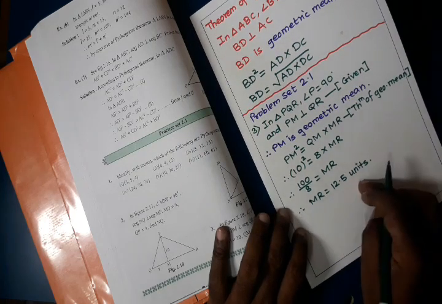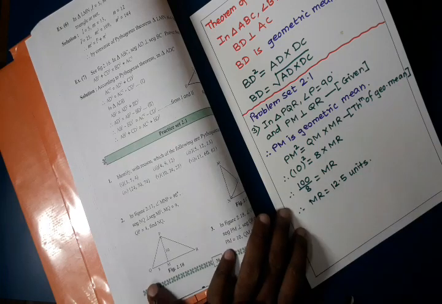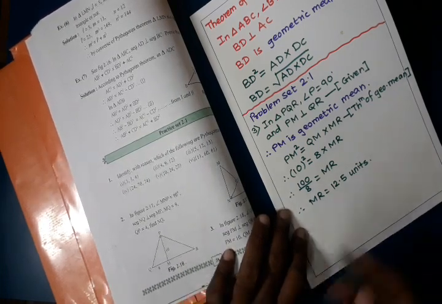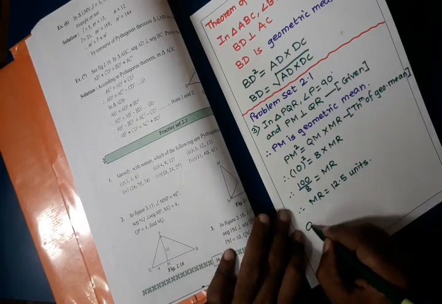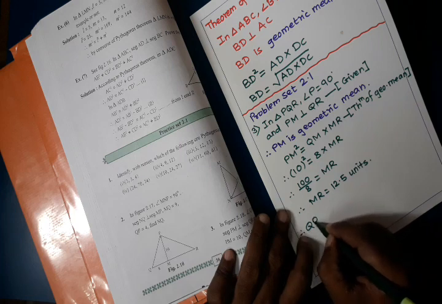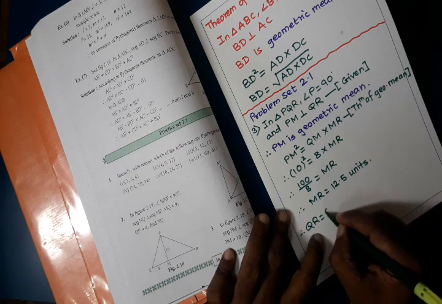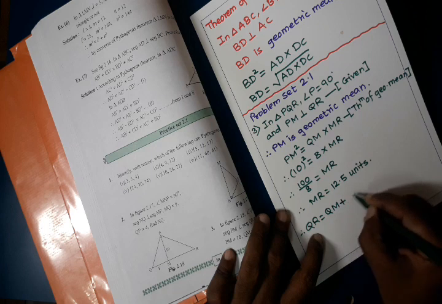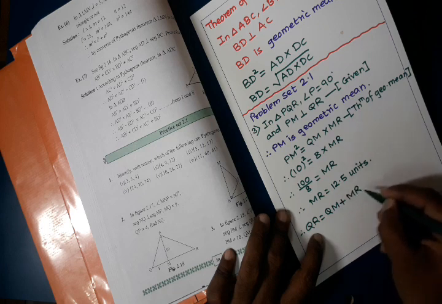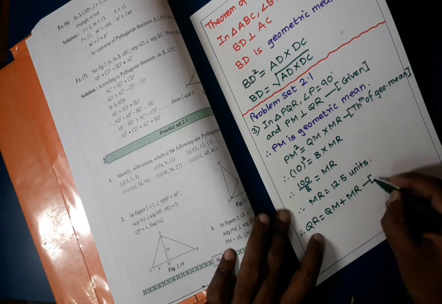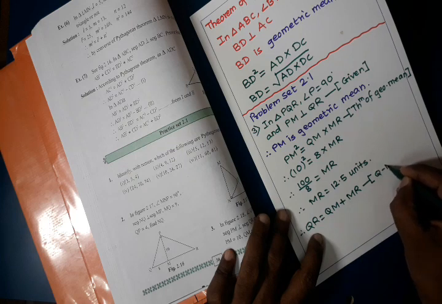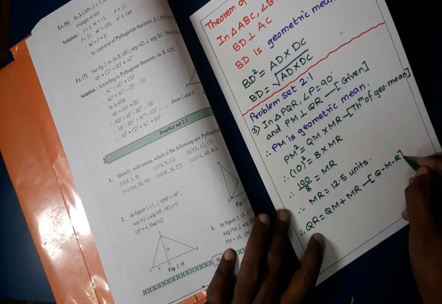But don't forget that we have to find the whole side QR. So I will write, therefore QR is equal to QM plus MR. If you don't want to lose marks, then give the reason as Q-M-R.